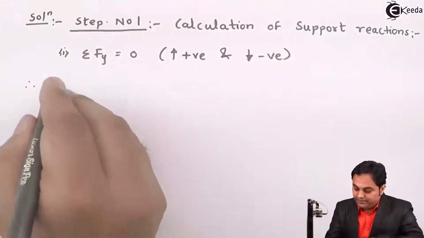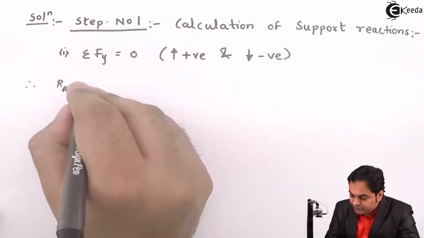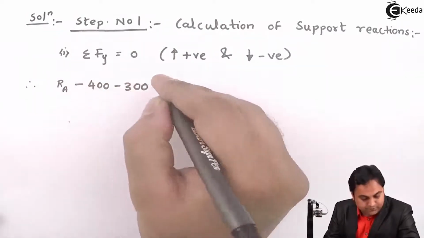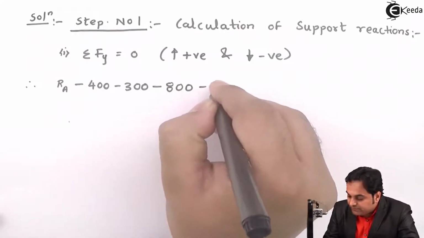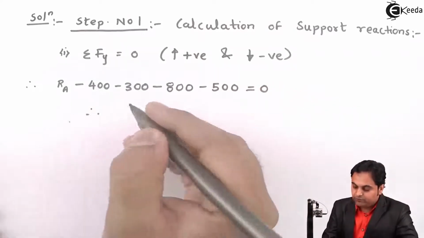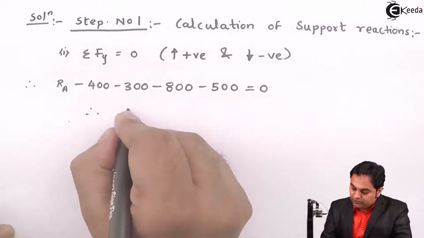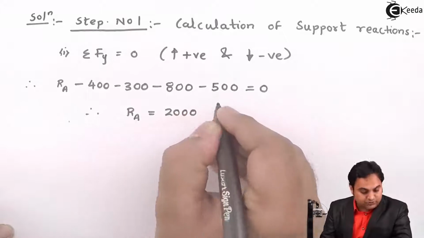So I'll write down Ra is positive, minus 400, minus 300, minus 800 and minus 500 is equal to 0. On calculating this, the Ra value will come out to be 2000 Newton.